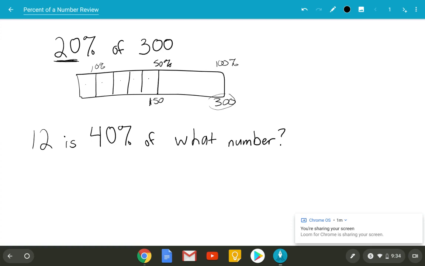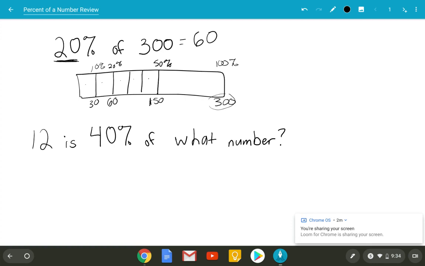So 150 divided by 5 is 30. Each of these 10% would be 30. So if 10% is 30, 20% would be 60. So 20% of 300 would be 60.